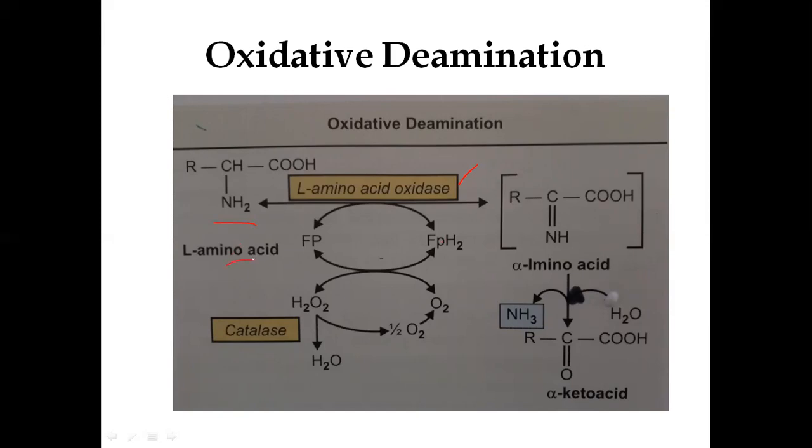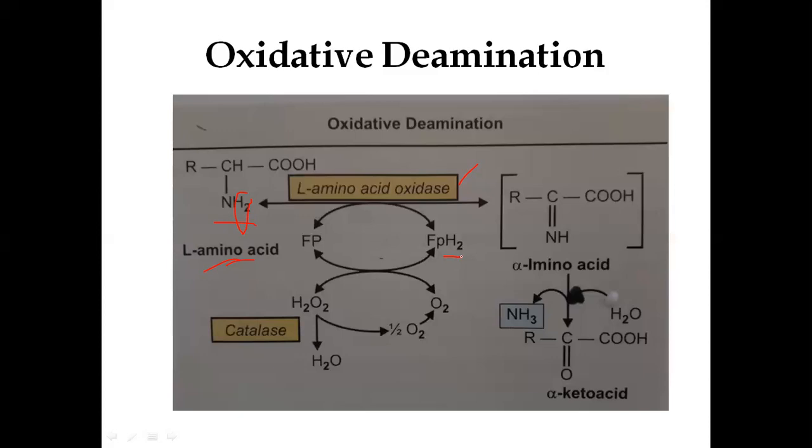So for this L-amino acid oxidase, first the L-amino acid is dehydrogenated. Its 2 hydrogens will be removed, and the hydrogen will be attached to the flavoprotein, that is FMN, and the flavoprotein will be in reduced condition.